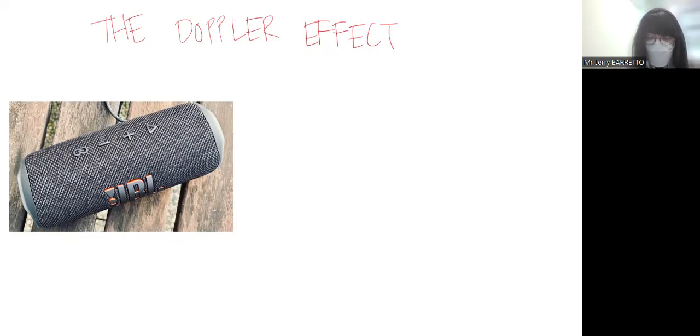Let's try to visualize how the sound waves spread from a speaker. So here's my speaker, S, the sound source, and the sound waves would be like concentric circles coming from that speaker.